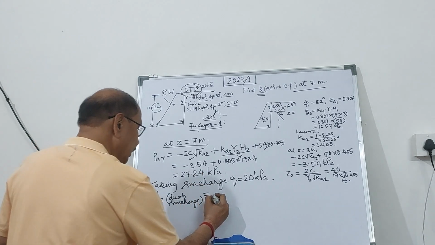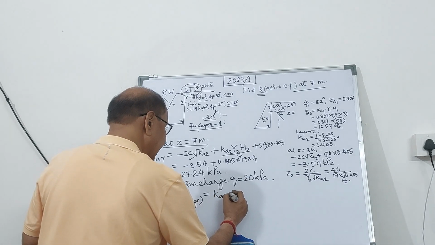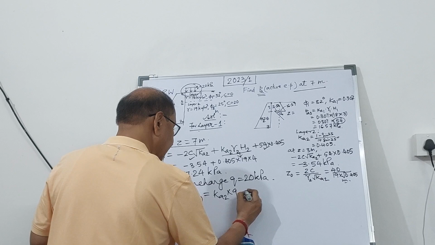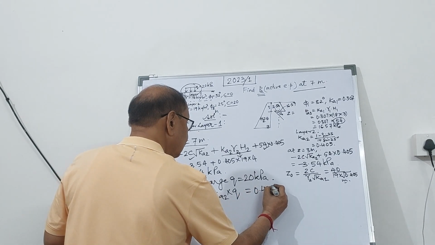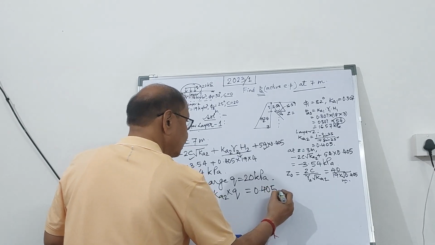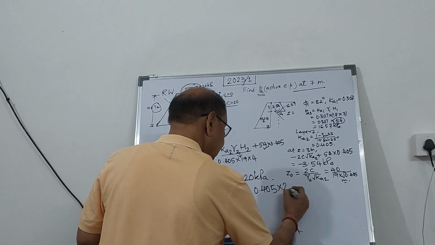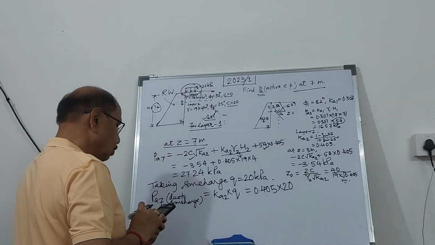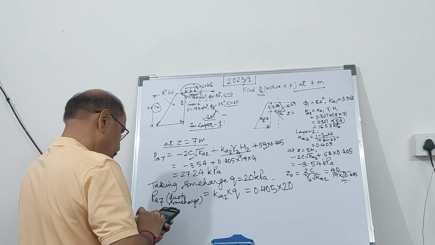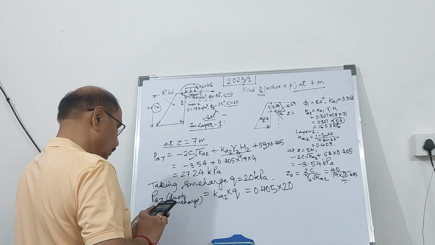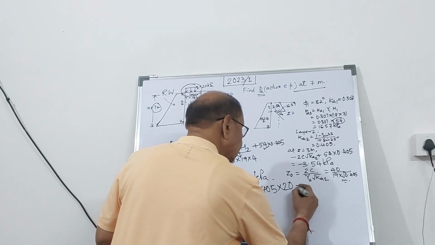PA7 will be at 7 meter. It will be K2 multiplied by Q. So 0.405 multiplied by surcharge is 20. So 20 multiplied by 0.405 is 8.1.